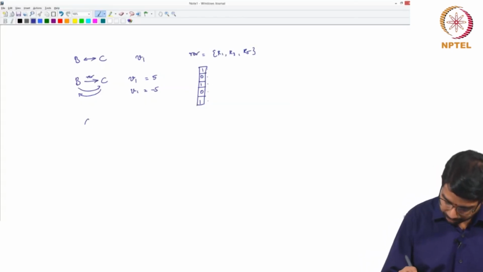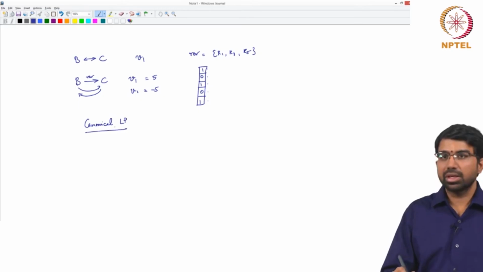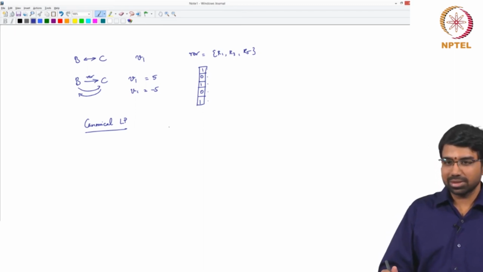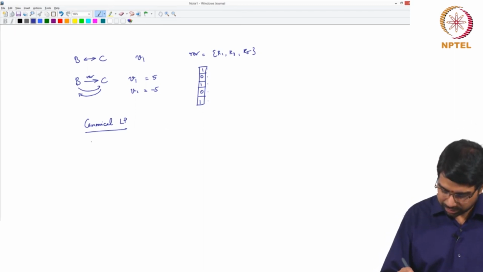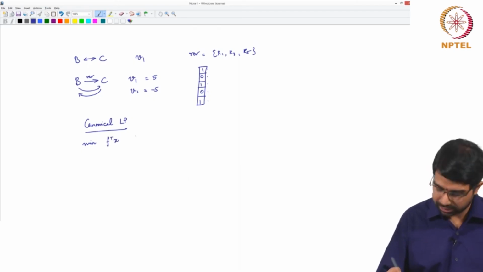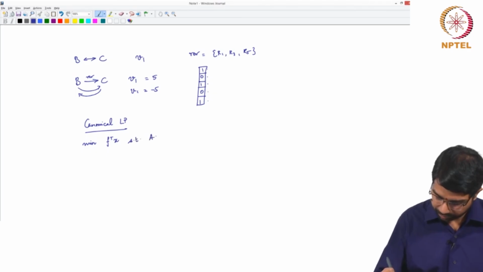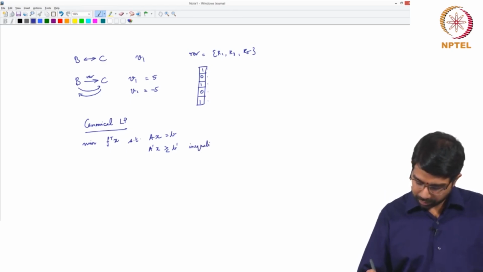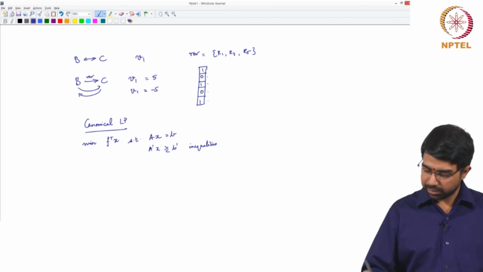So, what is the canonical LP? You know, a canonical quadratic equation is ax square plus bx plus c equals 0, right. So, the canonical LP is minimize F transpose x such that Ax equals B. You can even have inequalities, right.